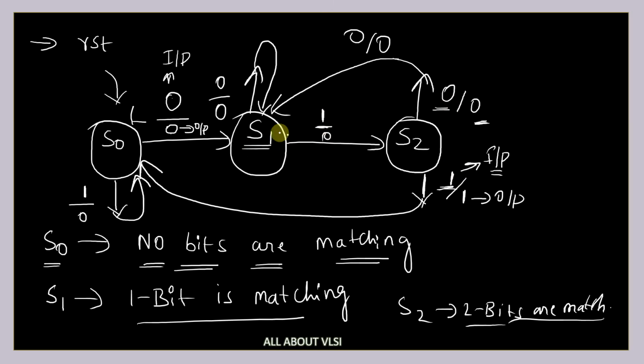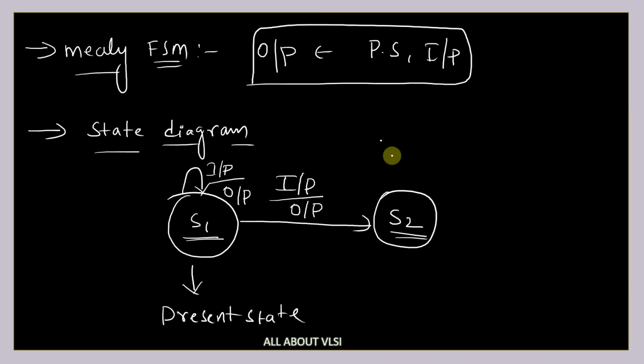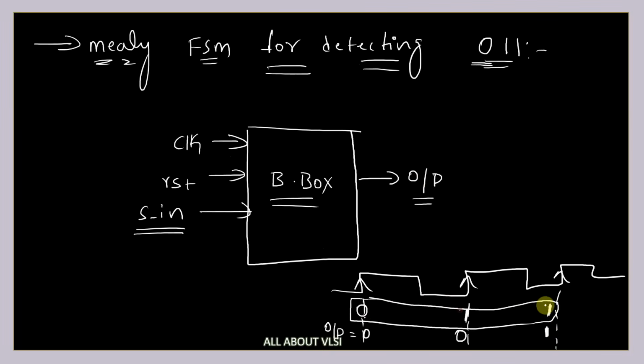No, if we are in S1 and our input is 1, then only we go to S2, not output. Because that is the condition now. Your sequence is detected, then only you're going to make your output 1, right? 0, 1, 1. Here I have shown you, right?